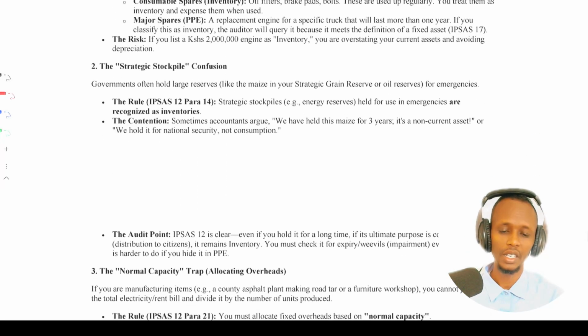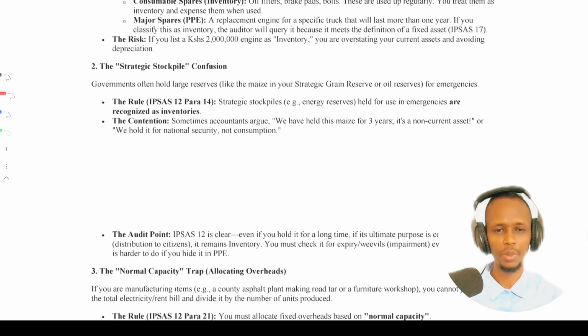Strategic stockpiles. The confusion is that some stockpiles you might hold for more than 1 year. And inventories, their nature is that they are consumed in the course of the entity's operation within 1 year, or 12 months. So what will happen if you are holding for 3 years?